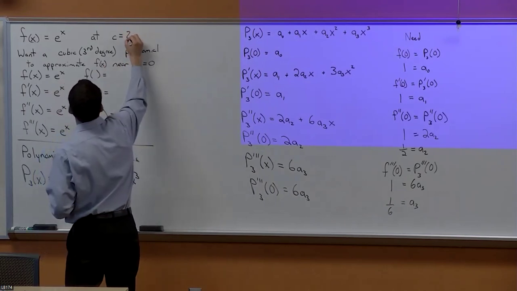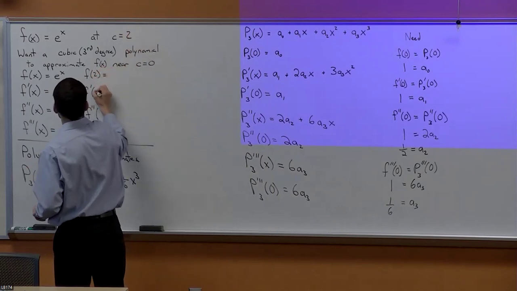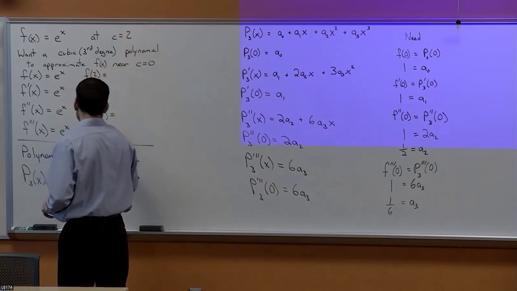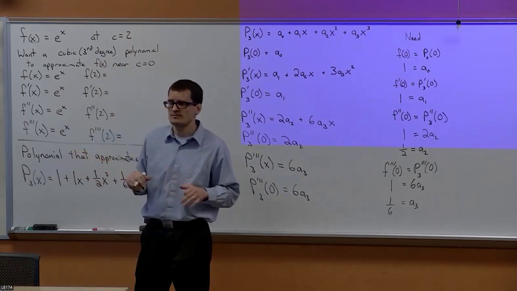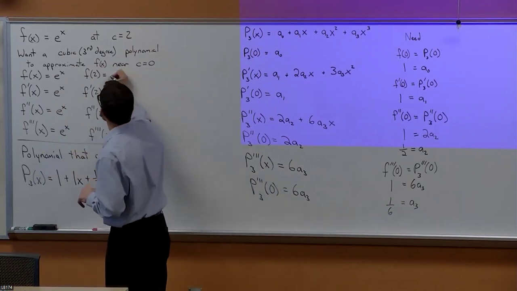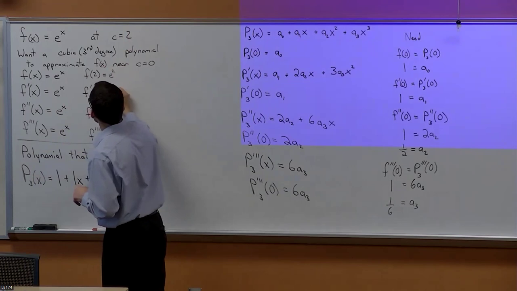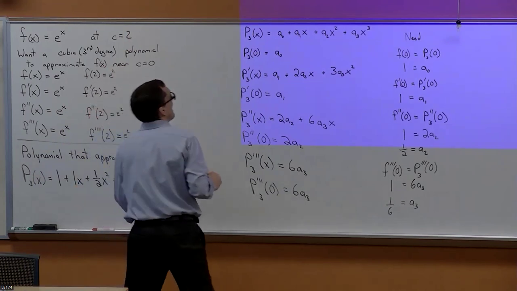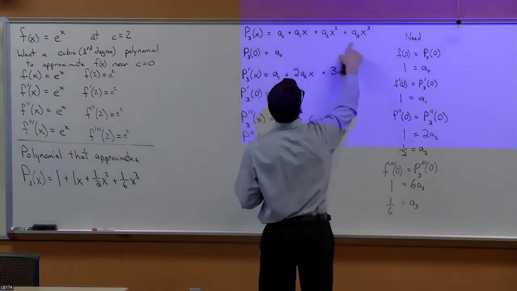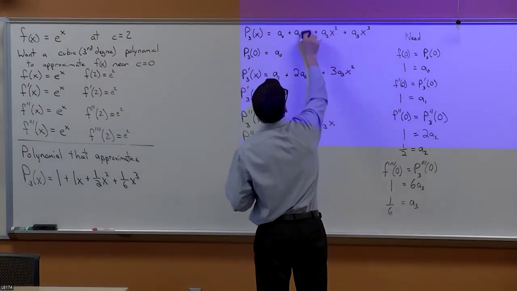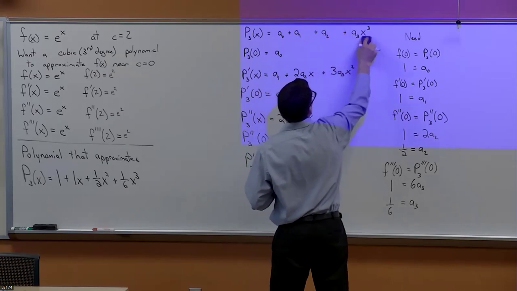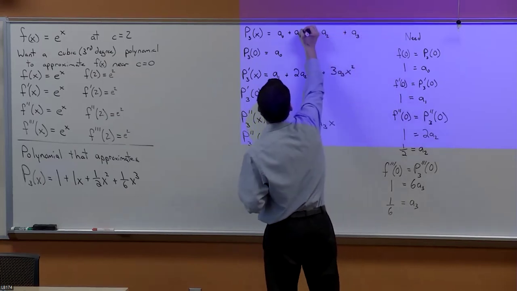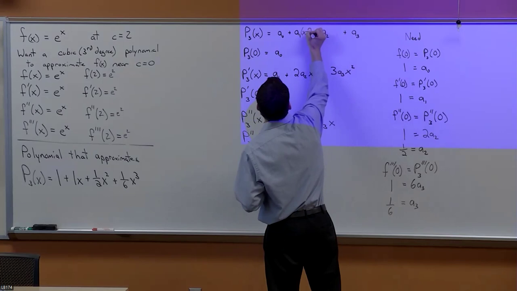Again, you don't have to write this down, because the next slide is what's important, not this one. So you're going to get different outputs. And instead of your polynomial looking like this, every time there's an x, it's going to be replaced with an x minus 2.